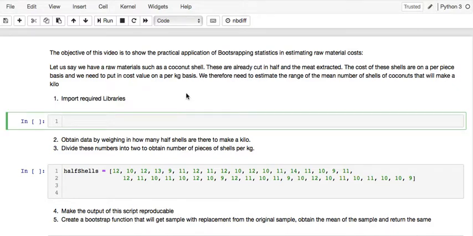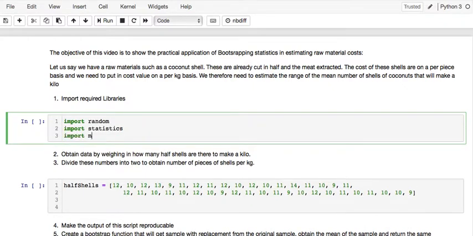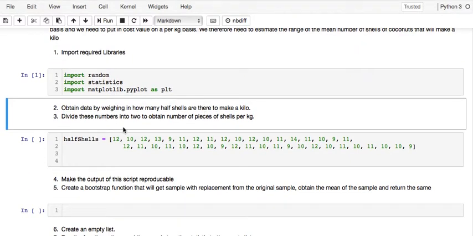First step, import the required libraries. Next is obtain data by weighing how many half shells are there to make a kilo. So here it is.